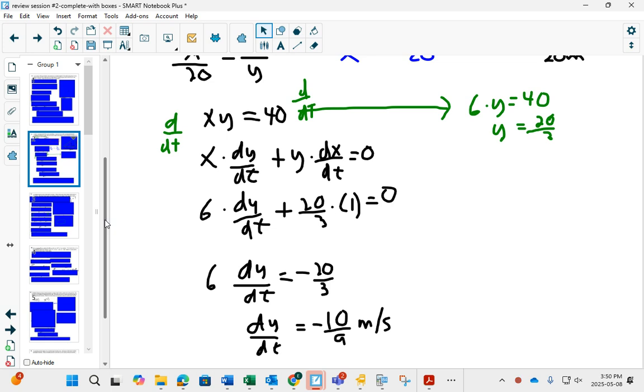Just a couple of notes about related rate questions. You set up your equation, but x is changing, y is changing. Those variables have to stay. If there's something that doesn't change, you can put that number in.